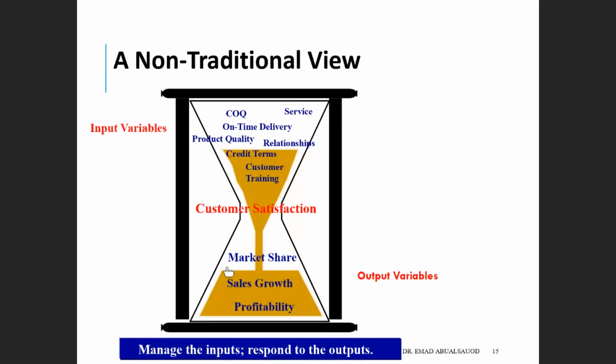Whereas in fact, the non-traditional view means that you have to manage the input of your process, your product process or service process, with consideration of your customer requirements, and you respond to the output. You don't manage the output, you respond to the output.